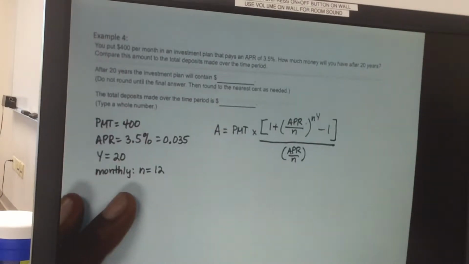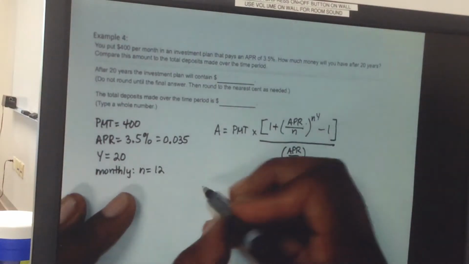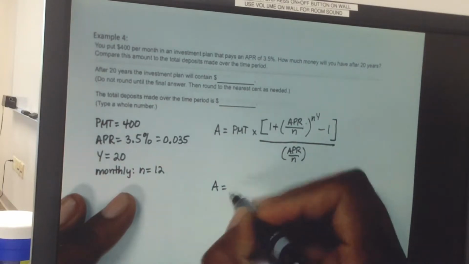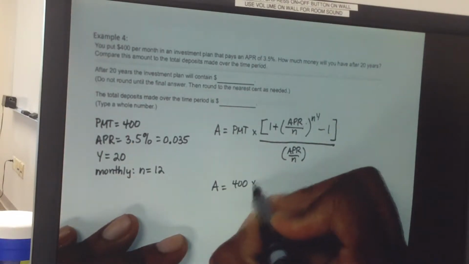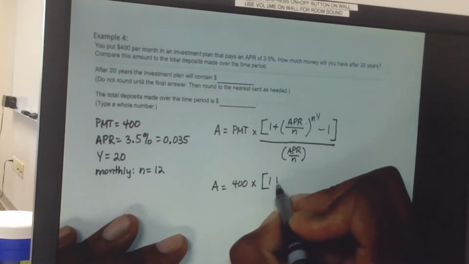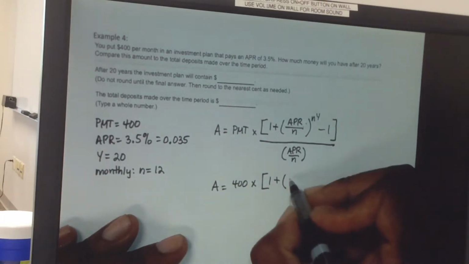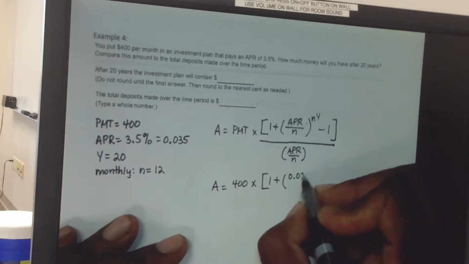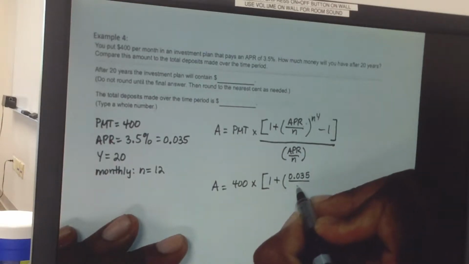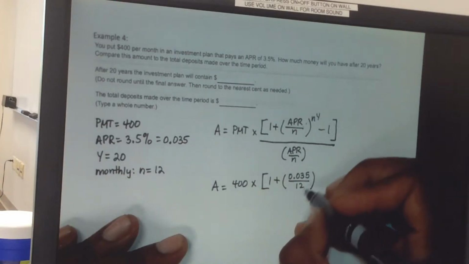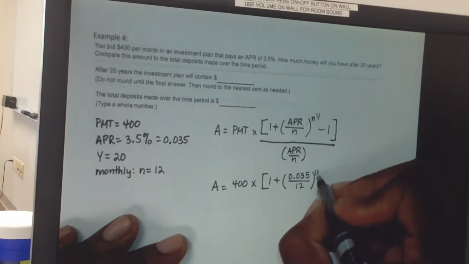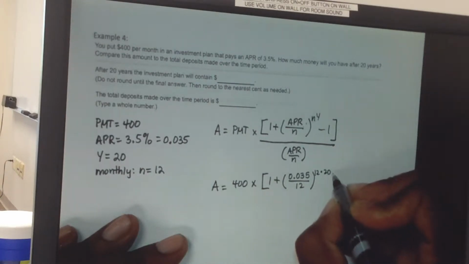So in this case here, we'll substitute. Your A is the payment, that's $400 times the quantity 1 plus your APR of 0.035 divided by N, which is 12. And that's raised to the N times Y. N is 12 times Y, which is 20.